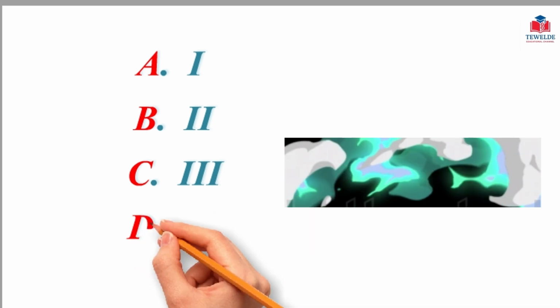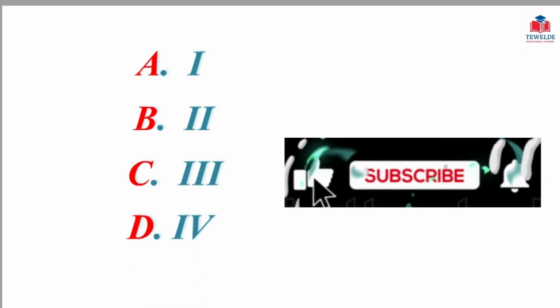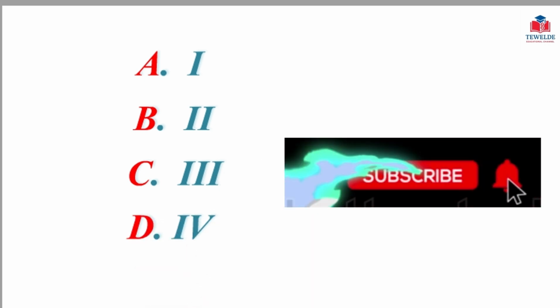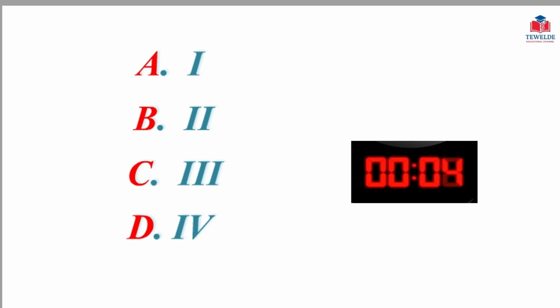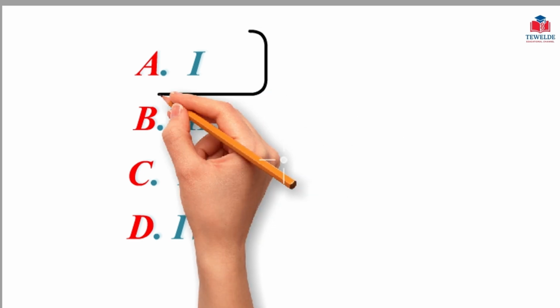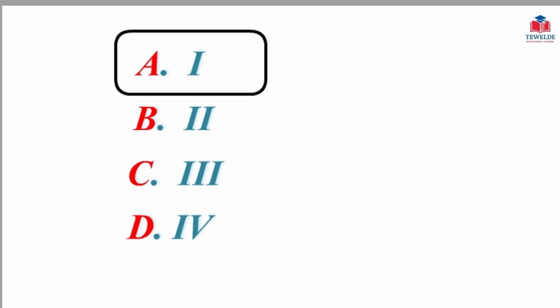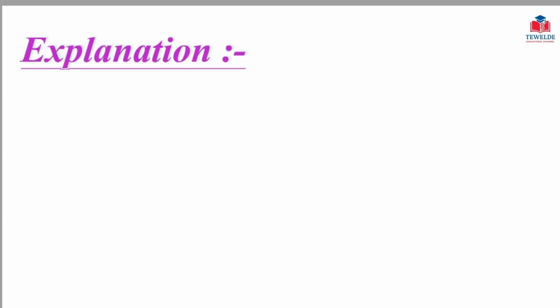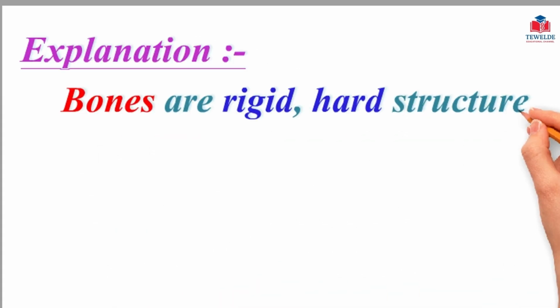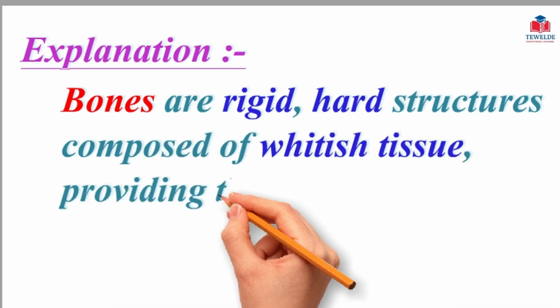B. 2. C. 3. D. 4. The answer is A. 1. Explanation. Bones are rigid, hard structures composed of whitish tissue, providing the body framework.